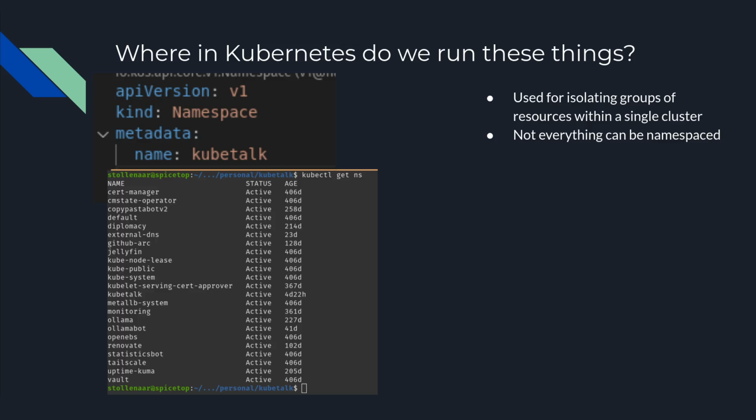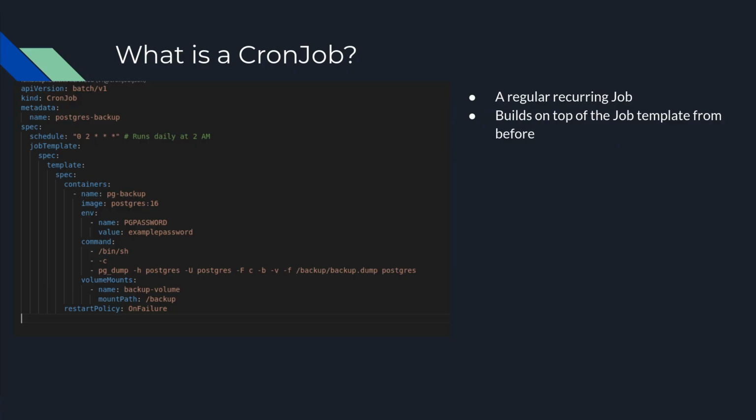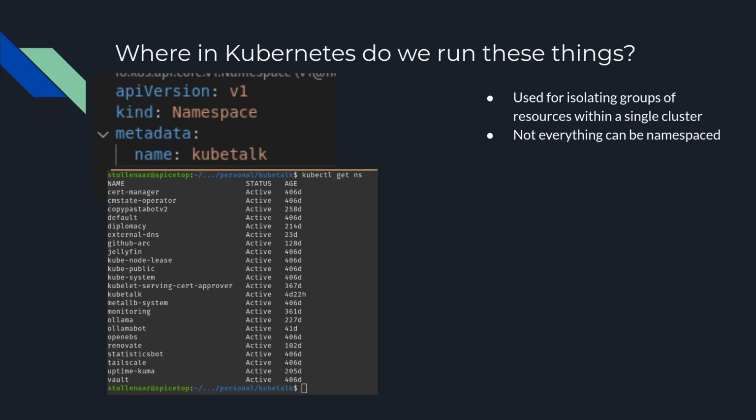Now, I've only shown the work items of a cluster, but this doesn't touch on where exactly this runs inside of the cluster. And that's how we come to things like namespaces, where you isolate your work items. Think of your monitoring stack.